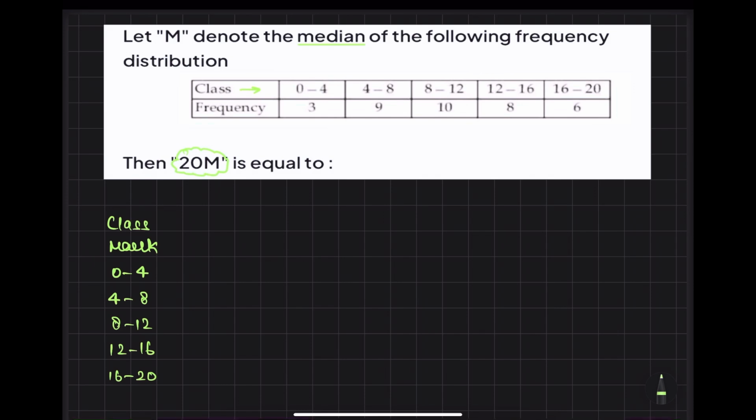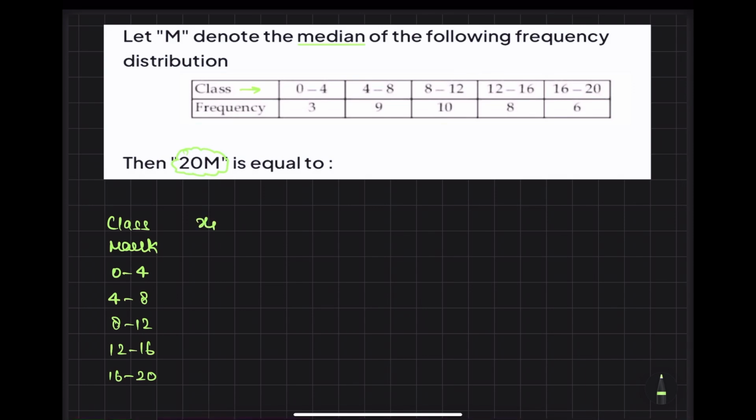This is organized data, meaning the marks from 0 to 4 got by 3 students, 4 to 8 got by 9 students, and so on. This is your frequency. First I will go with xi.